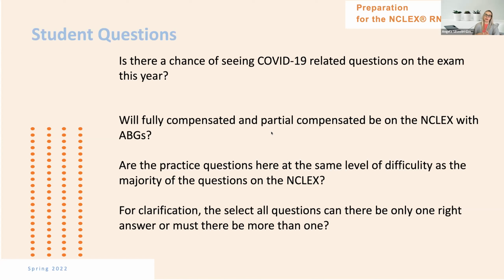And then as far as the compensated piece of this, fully compensated, partially compensated, my thought is that it would be less likely of a scenario for you to encounter something specific about the compensated aspect of this, but it would be good for you to know about that and to know what's considered fully compensated or not.